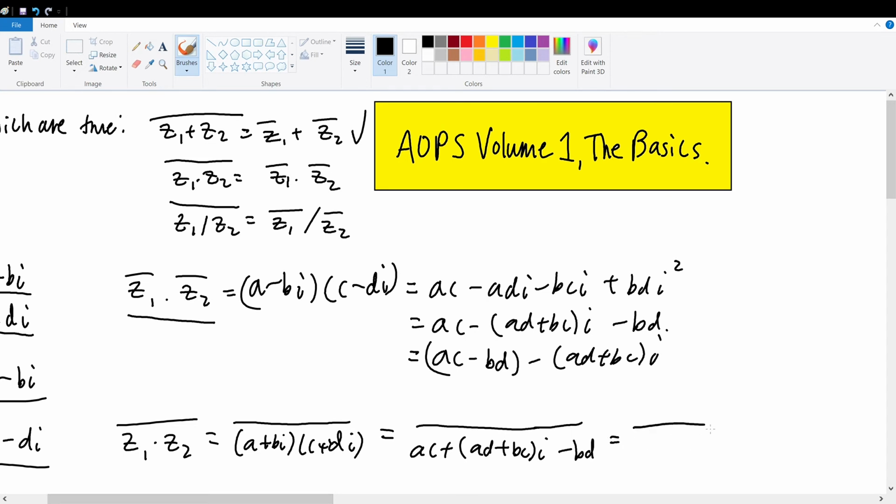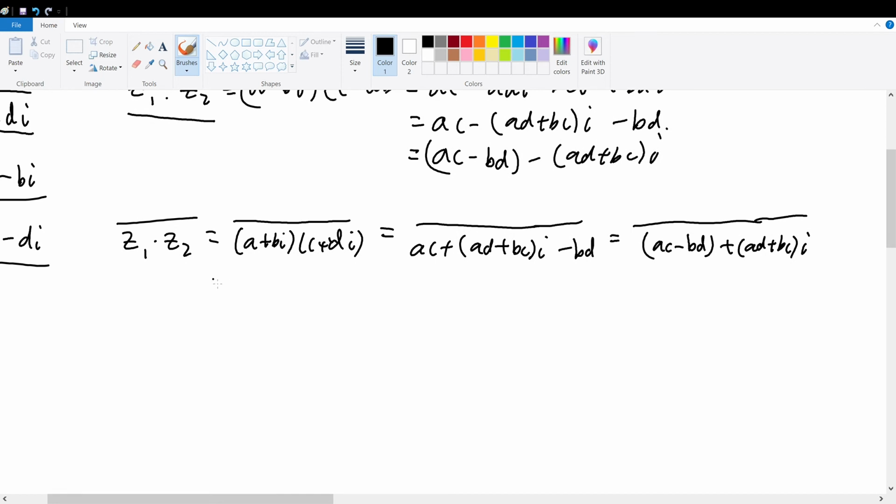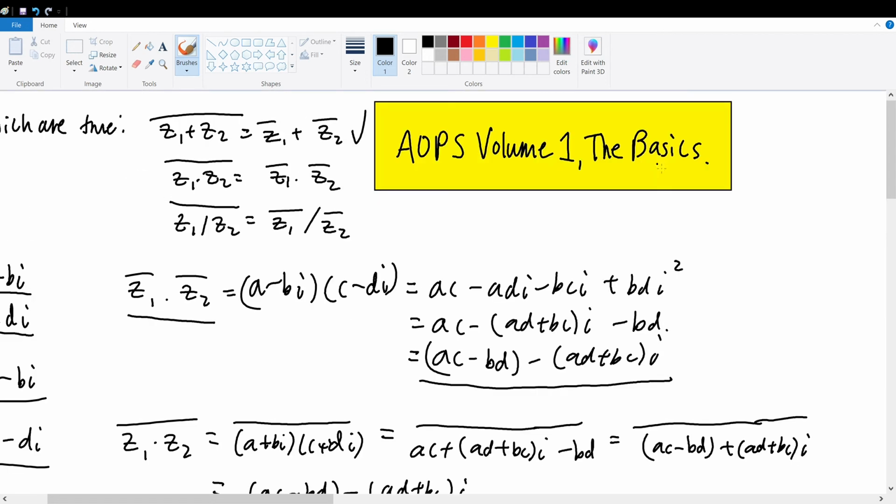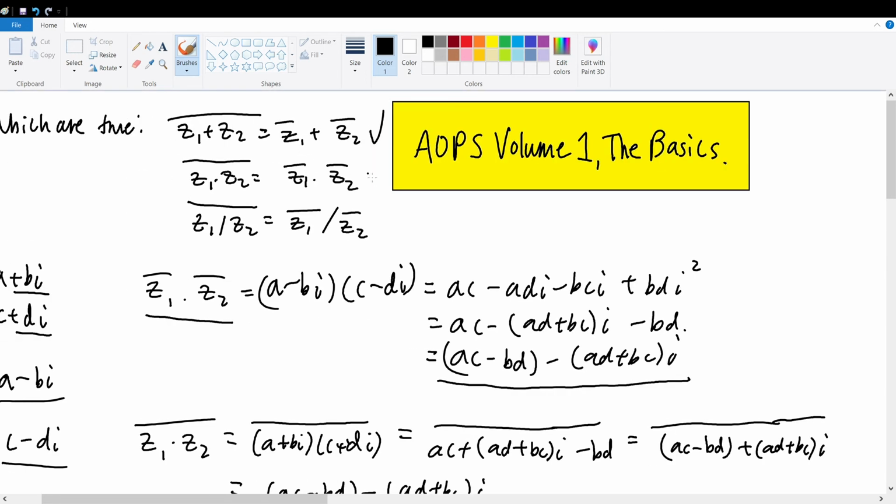This becomes the conjugate of ac minus bd, parentheses, plus ad plus bc times i. And now we can take the conjugate of this term, which is equal to parentheses ac minus bd minus parentheses ad plus bc times i. Notice how the evaluated form of the conjugate of z1 times z2 and the conjugate of z1 times the conjugate of z2 are the same as one another. Therefore, the second criteria also checks out.